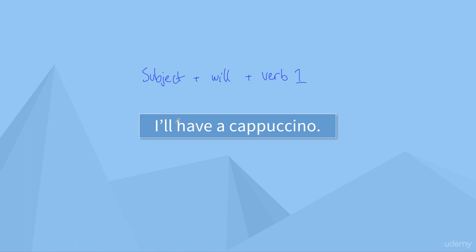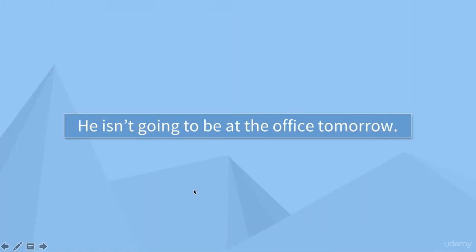I'll have a cappuccino. Subject is I, and then we use will. Very simple or easy to understand structure, this one. I'll have a cappuccino.